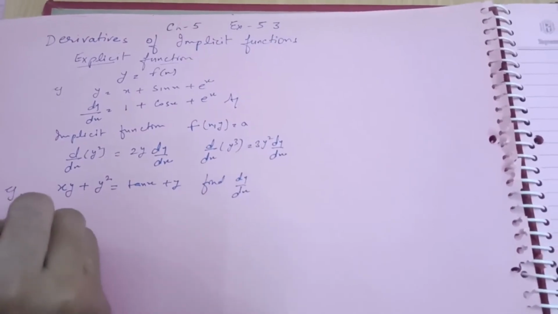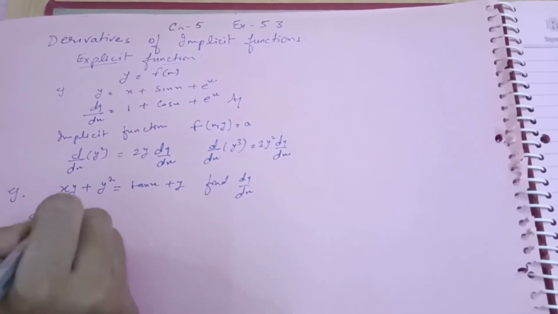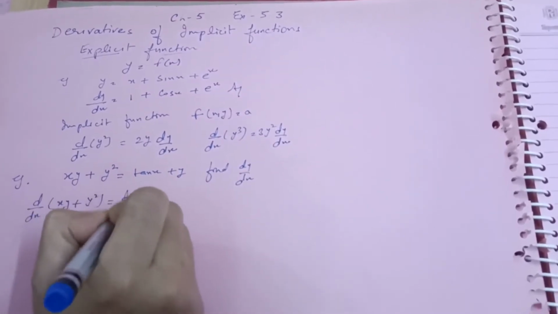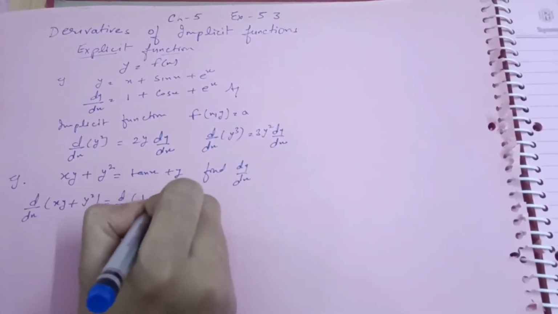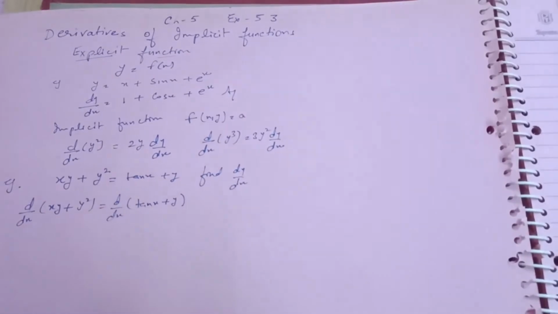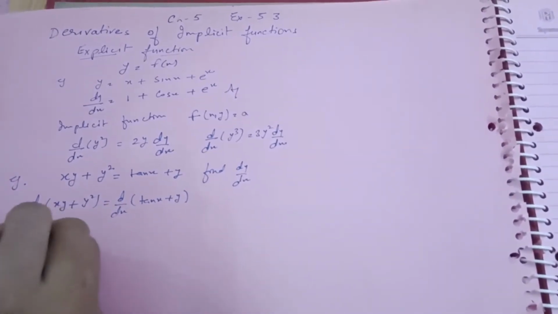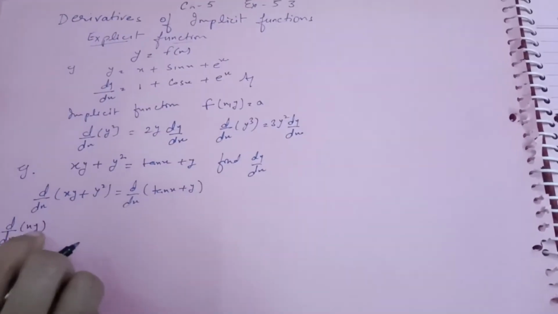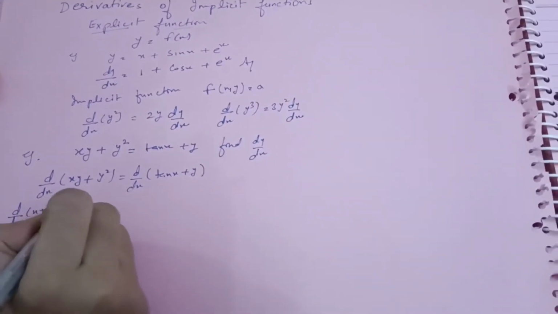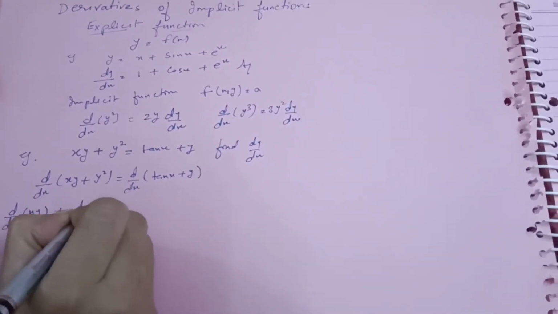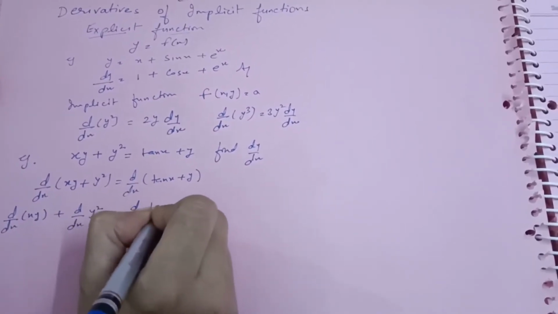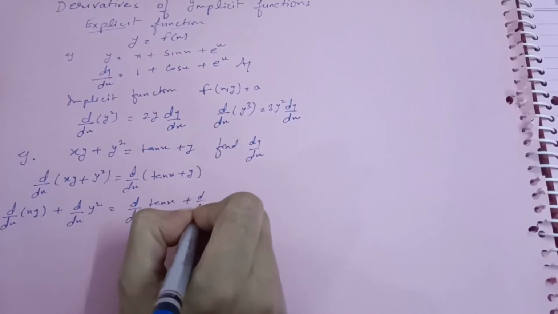You differentiate both sides: d by dx of xy plus y square equals d by dx of 10x plus y. For xy, the uv rule, the product rule, will be used.